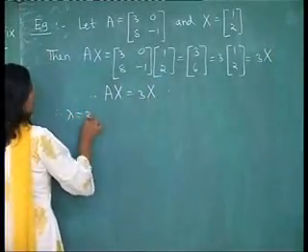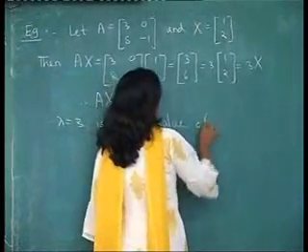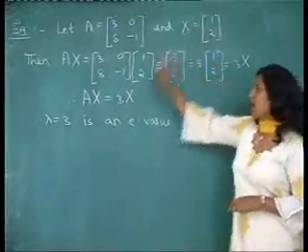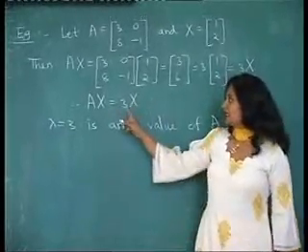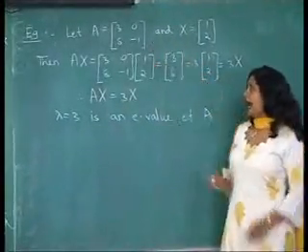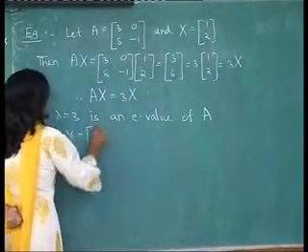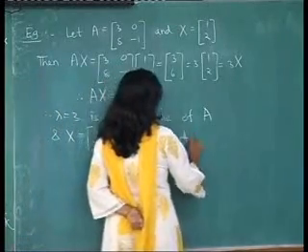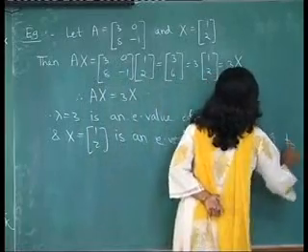Therefore, lambda equal to 3 becomes an eigenvalue of it, because there is a non-zero vector x for which the equation Ax equal to 3 times x is satisfied. So this scalar 3 is an eigenvalue of this matrix, and x equal to [1; 2], the vector x, is an eigenvector of A corresponding to the eigenvalue lambda equal to 3.